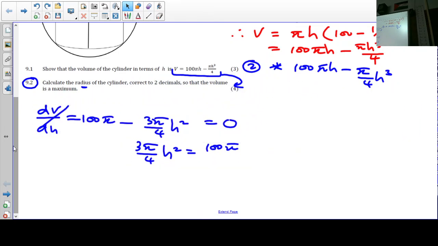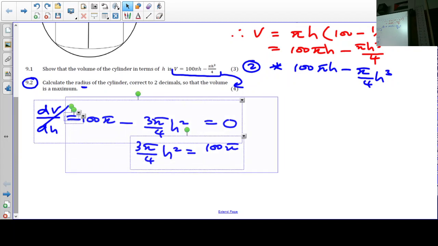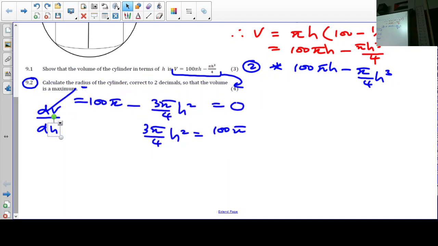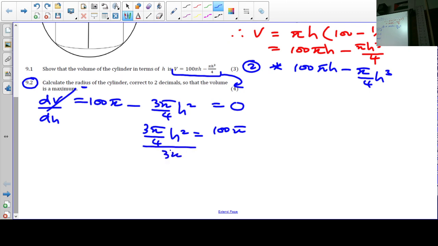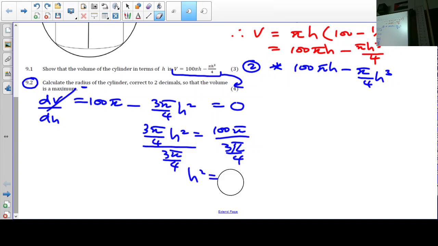I'm going to pull the calculator in soon. So to get h on its own, I'm going to divide by 3 pi over 4 on both sides. So h squared is equal to that, and then I take the square root thereof. If you're going to do it step by step, it's no problem.